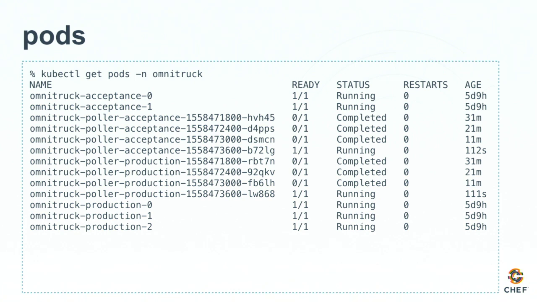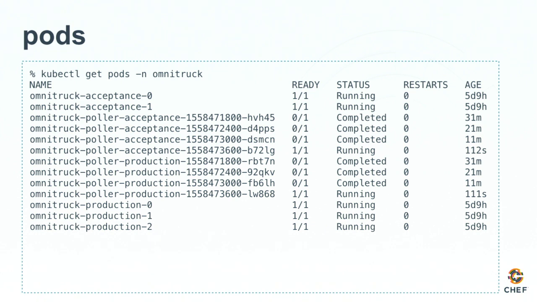And then when we run this pipeline, what we'll get is we'll get some pods. So if I run on my laptop kubectl get pods -n omnitruck, then I will have all these pods. Now omnitruck is a special application because it has pods that not only run the external service, that when you go get something from omnitruck, download a version of Chef or InSpec or Chef Workstation, it will hit one of these instances. But we also have a puller, which is a cron job, and those cron jobs run in a pod.